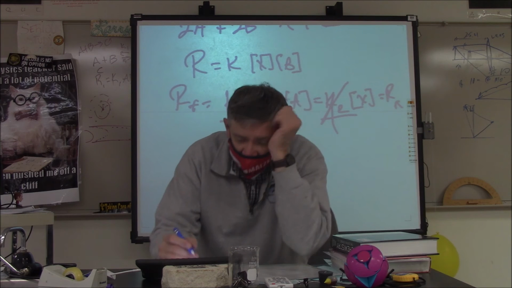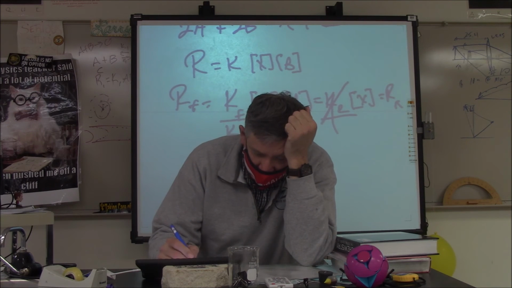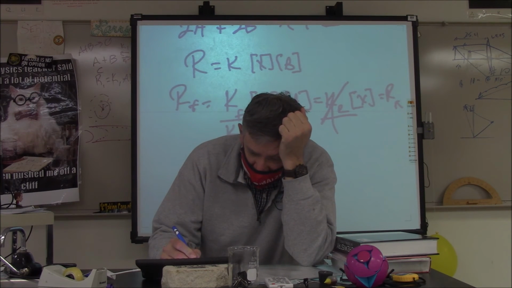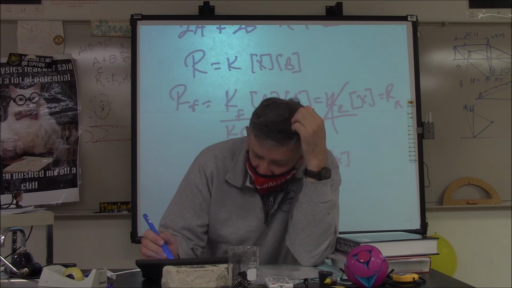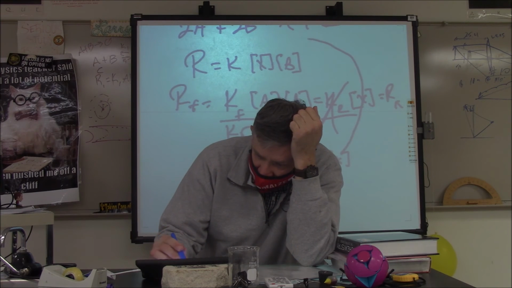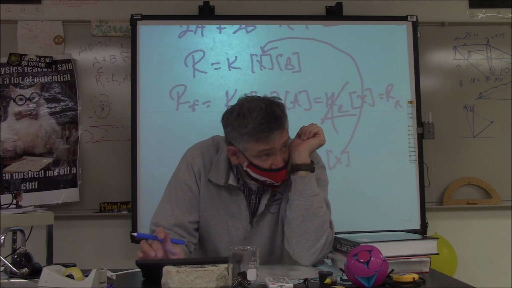So I can write this as some K times A times A, which is going to be my concentration of X. So now what I'm going to do is take that and slam that into here.